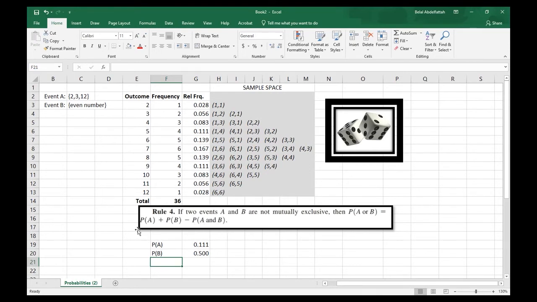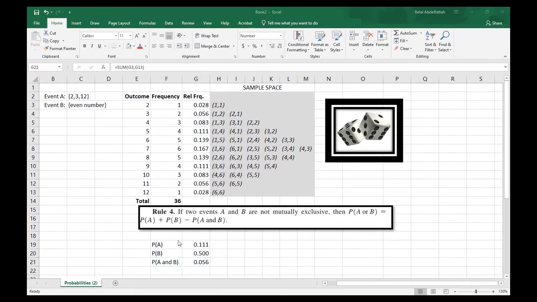So that would be the numbers 2 and 12. So let me go ahead and say P of A and B. I'm going to hit the equal sign and select the values. Well, let me do sum 2 and 12. And that would be the probability for A and B.